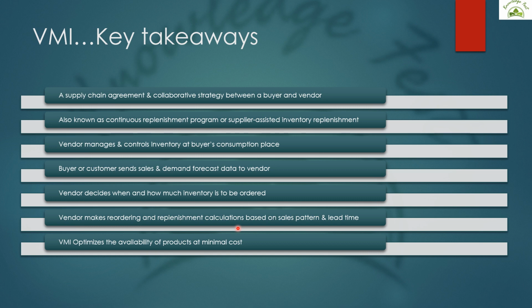If the responsibility is transferred from the buyer company to the vendor company, then definitely the overhead of inventory management is reduced at the buyer's end. They can focus more on the priority and core functions for their company. It also optimizes the availability of the items at the minimal cost and at the right time. So this is the vendor managed inventory model.